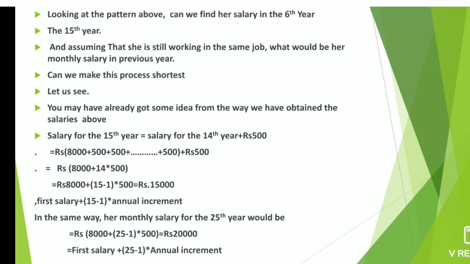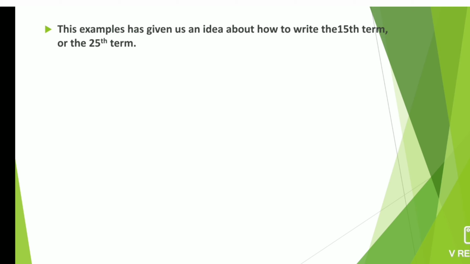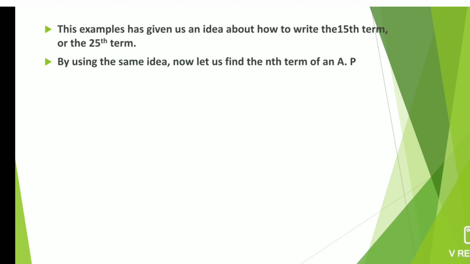So her salary in the 25th year is first salary plus 25 minus 1 into annual increment. These examples have given us an idea about how to write the 15th term or the 25th term. Using the same idea, now let us find the nth term of an AP.